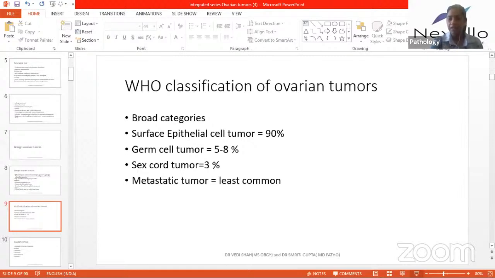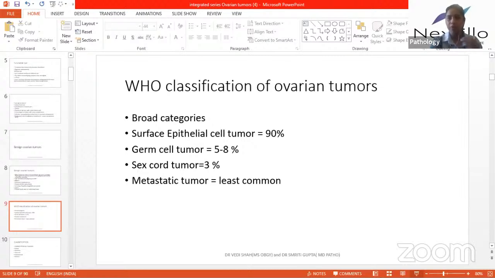Then coming to Brenner's tumors. Brenner's tumors are also called transitional tumors. These are composed of neoplastic epithelium, which resembles the urothelium, the cells that are lining our urinary bladder. So if you remember the histology of your urinary bladder, there are basal cells, which are kind of tall columnar, and they are basically multi-layered epithelium.